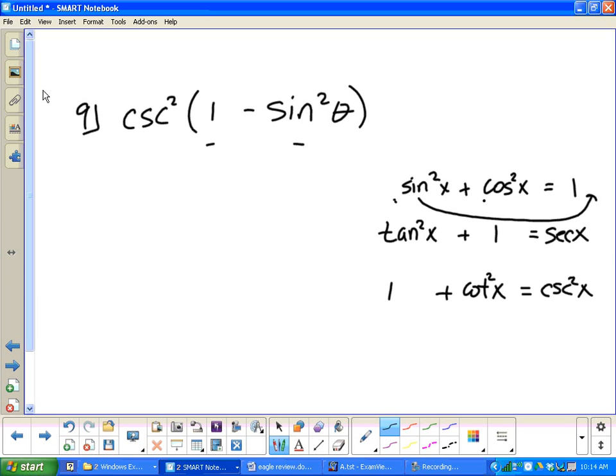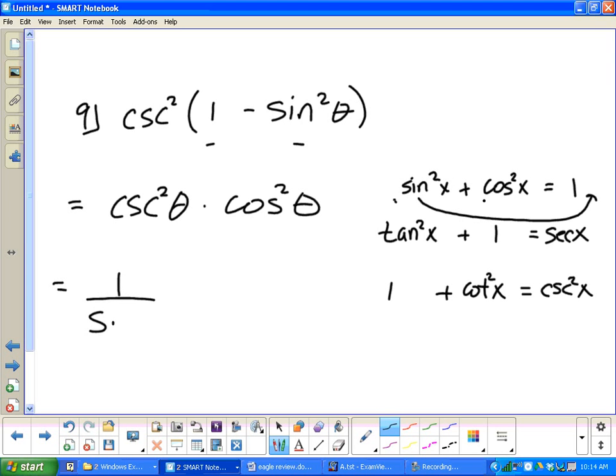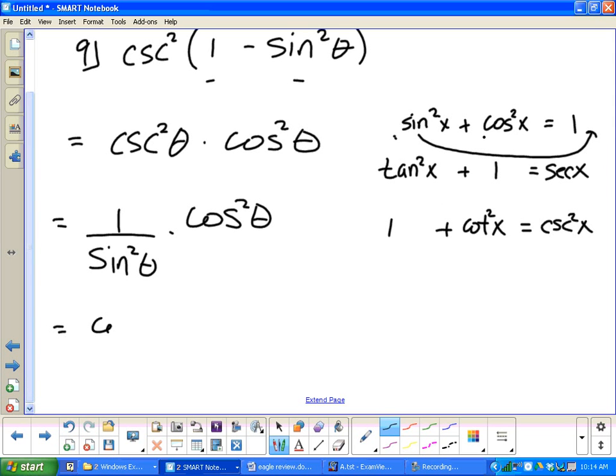So 1 minus sine squared is cosine squared. Now what can we do? We'll change this to 1 over sine squared times cosine squared. Now nothing's going to cancel this time. So that would give me cosine squared over sine squared, but that's cotangent.